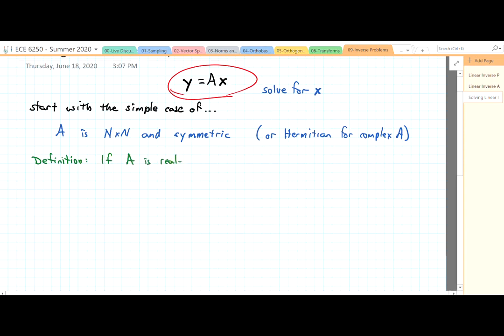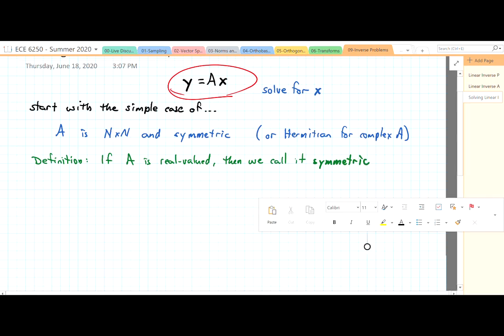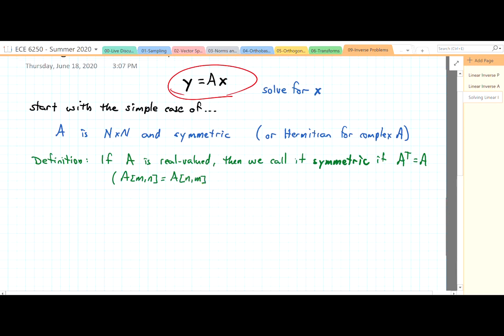If A is real valued, then we call it symmetric if A transpose is equal to A. And we could also write it this way: A m comma n is equal to A n comma m for all m and n in the list 1 through n.